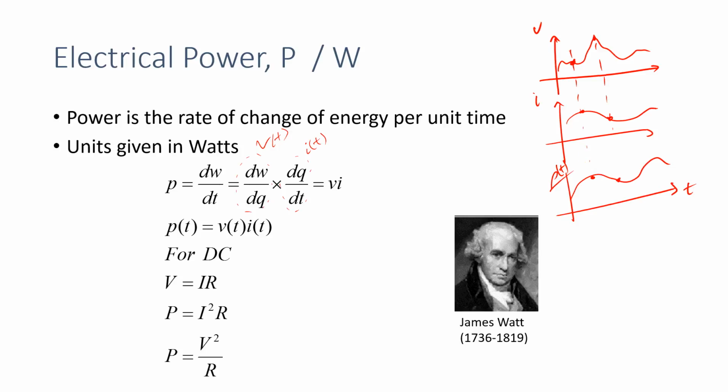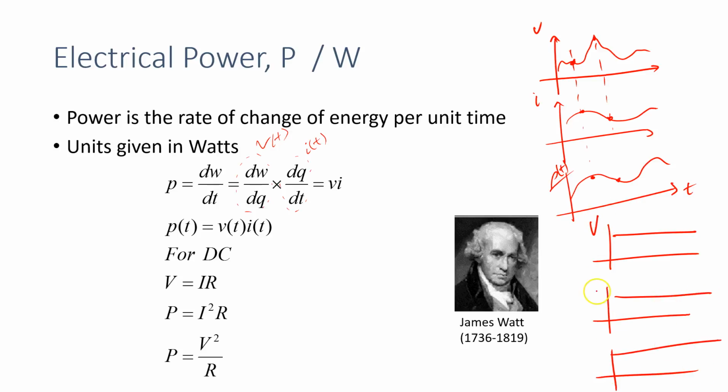For DC circuits, of course, V and I are constants, which means P will also be a constant. So we get P is equal to VI. For DC circuits, we represent them with capitals, so you'll get P is equal to VI because these are all constant values for DC circuits.